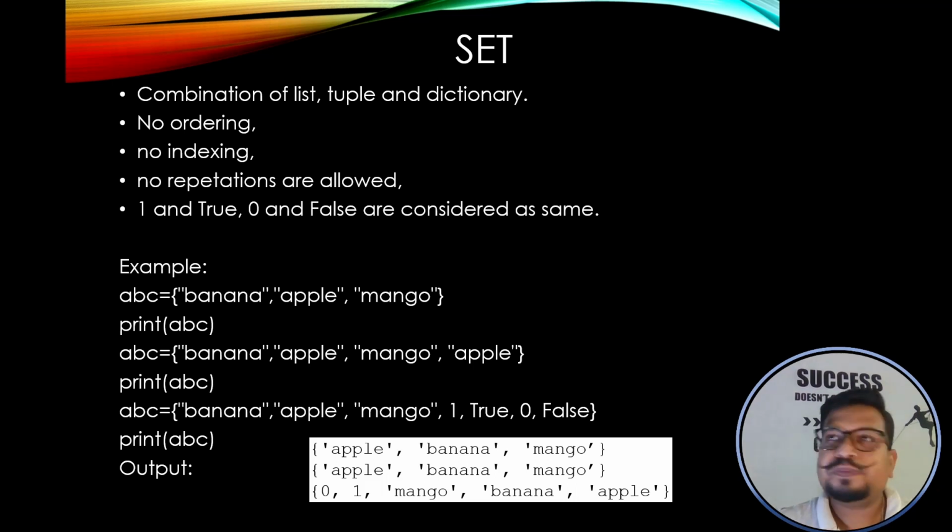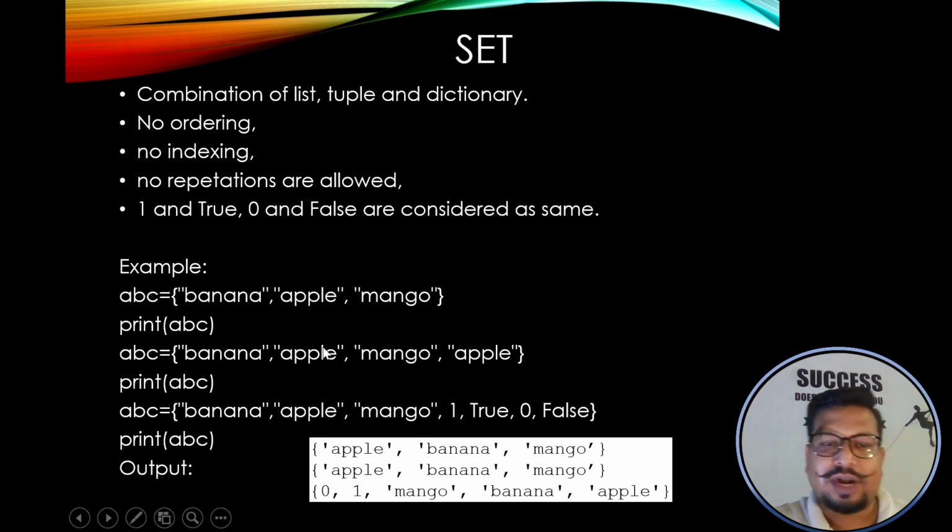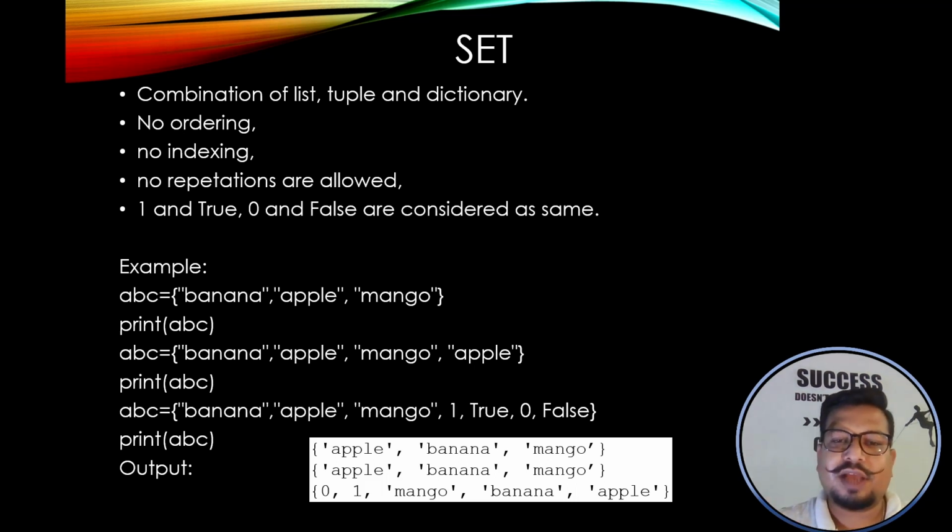Also, we can have True and 1 as similar values, 0 and False as similar values. So let's understand with the example over here. I have already created a set, and a set is also enclosed within curly braces and stored as if we are storing a list.